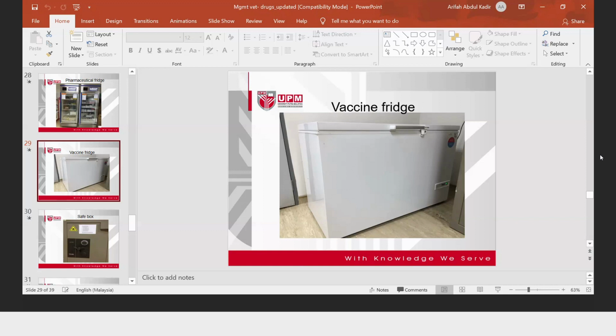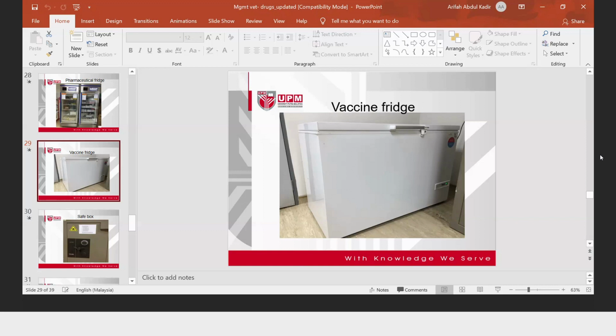Faham tak? Okay, thank you, doctor. It's only the expiry date, but some items will have expiry date, some tak ada, kan? So most drugs will be recorded in the red stock card, and those yang tak ada expiry date, especially consumables, kan?